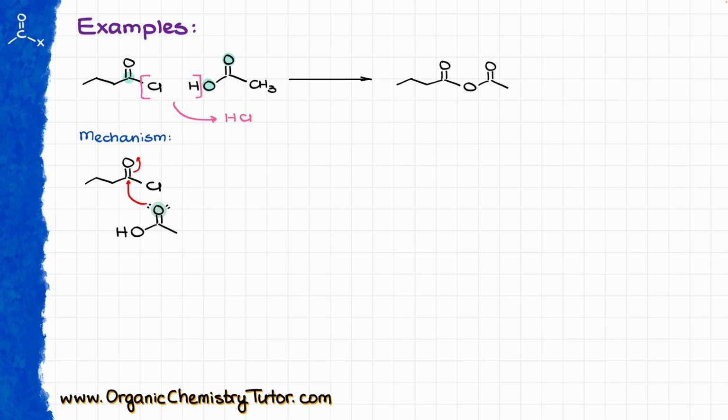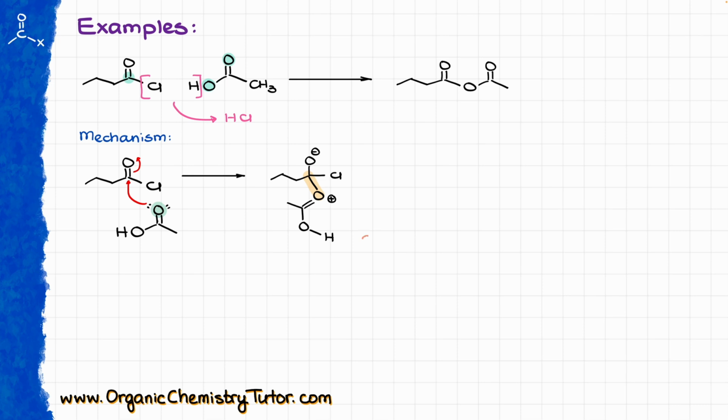So with that in mind, the intermediate that we are going to get in this case is going to look something like that, where I've made a new carbon-oxygen bond between what used to be a carbonyl and the oxygen of the carboxylic acid. Now that is going to be my tetrahedral intermediate. This is a protonated tetrahedral intermediate, so I would need to have my solvent come in and deprotonate that.